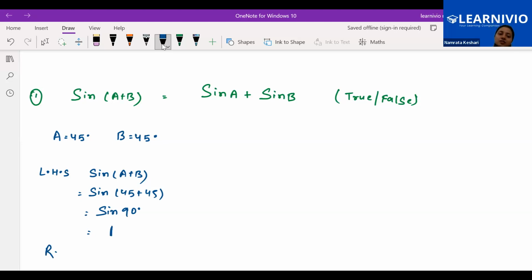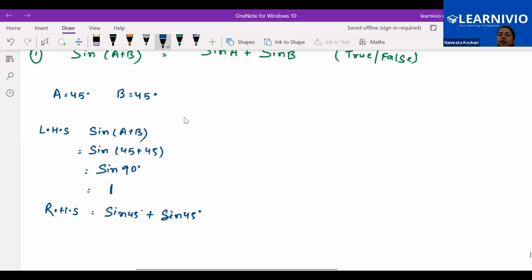Let's solve the RHS. Sine 45 degree plus sine 45, since B also we have taken 45.